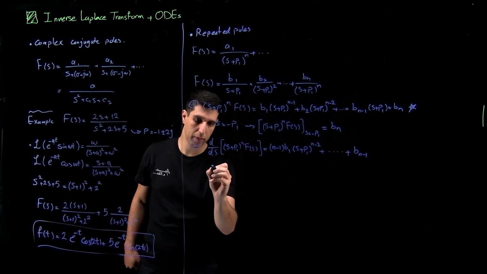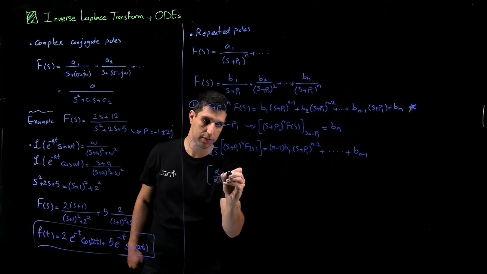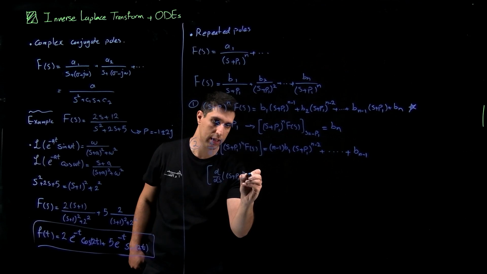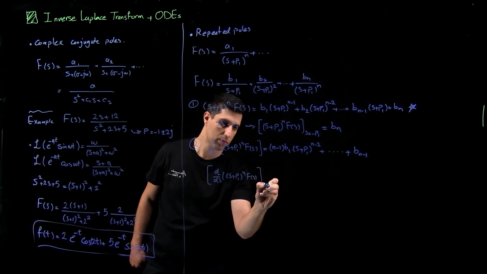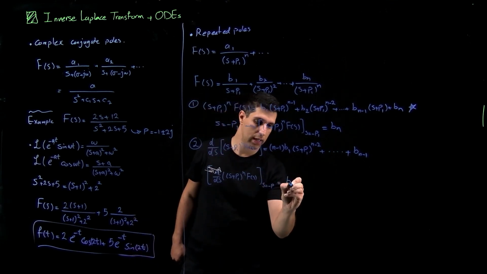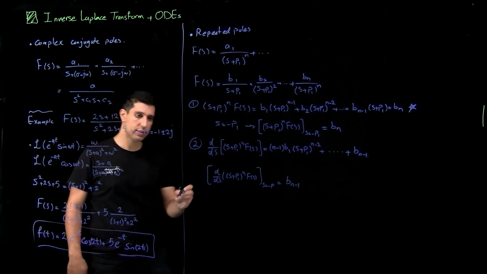So d over ds of s plus p1 to the power n times f of s, evaluated at s equals minus p1, gives us b n minus 1.